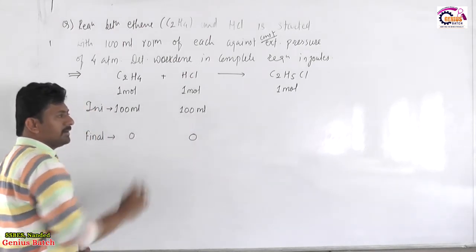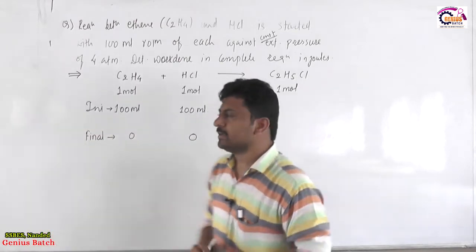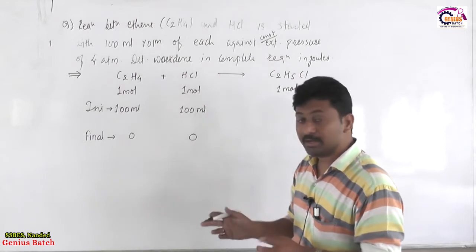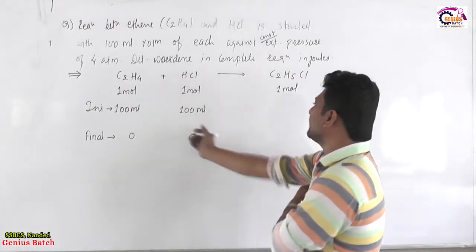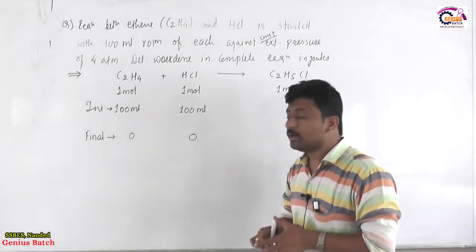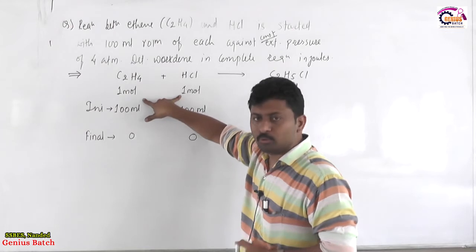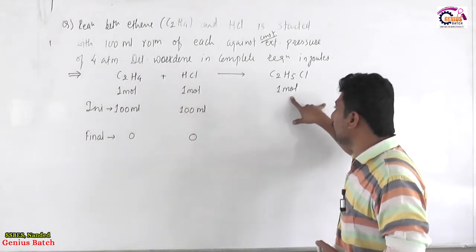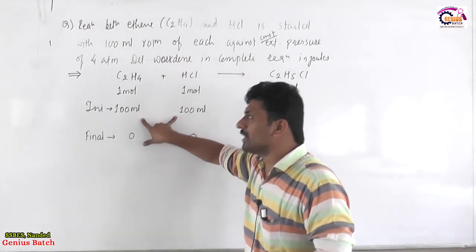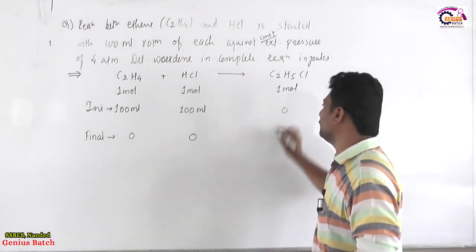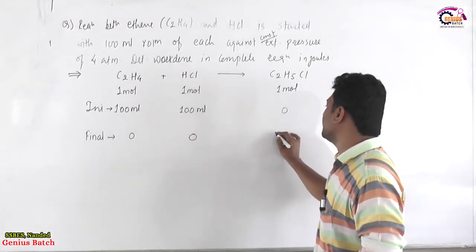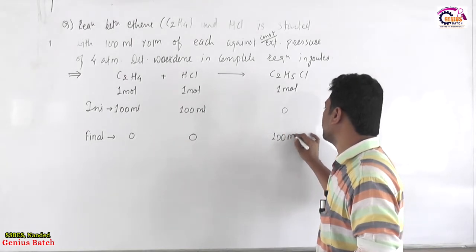These two will combine completely because they require a 1:1 proportion. We have equal volumes of them, so they will completely react. After the reaction, 1 mole of ethyl chloride is produced. Look, 2 moles of reactant together produce 1 mole of product. So the 200 ml volume initially together, with product volume 0, after reaction will result in just 100 ml of product.